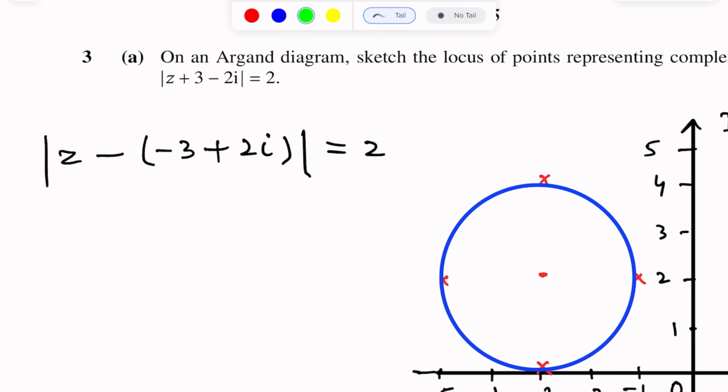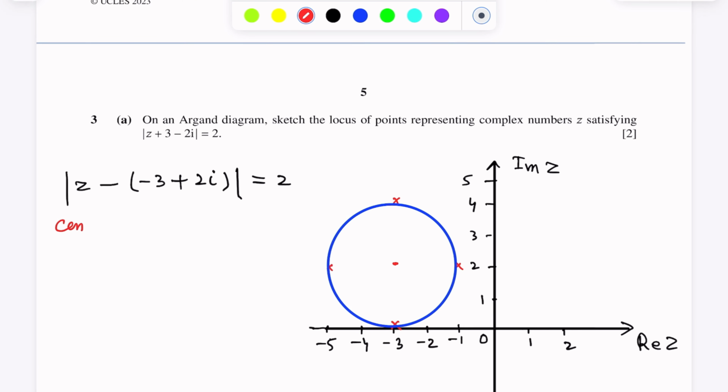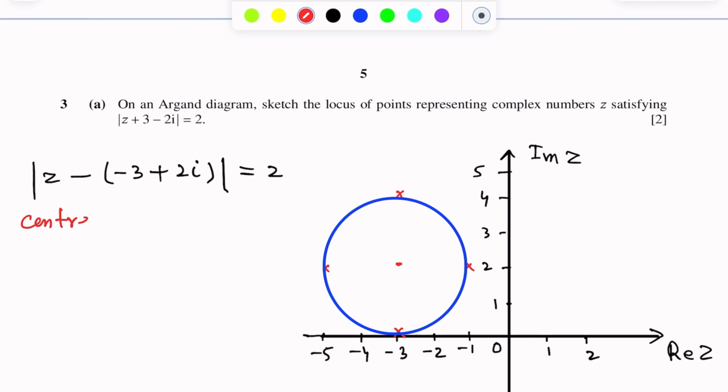So the center of the circle is minus 3, 2 and the radius of the circle is 2.